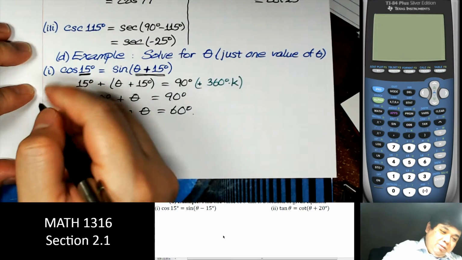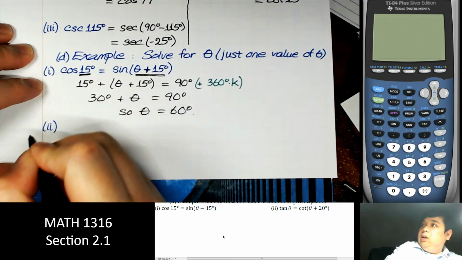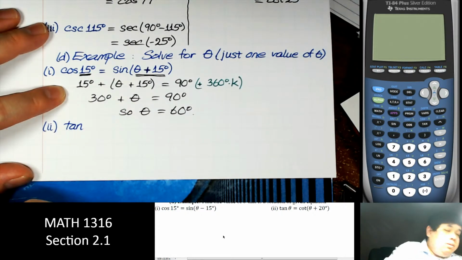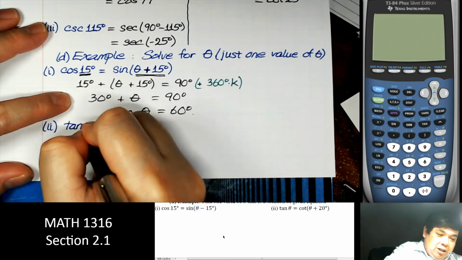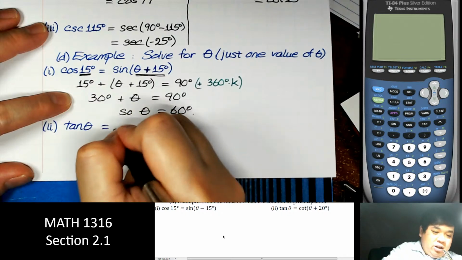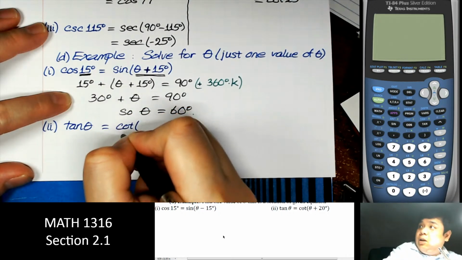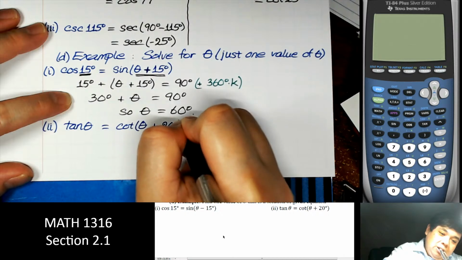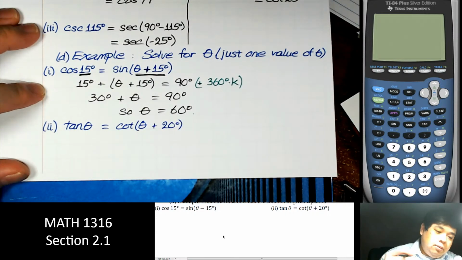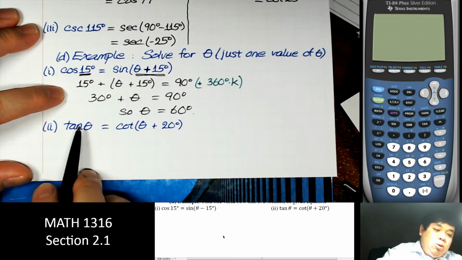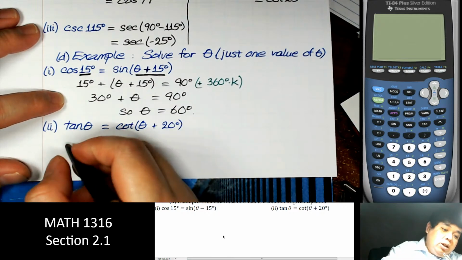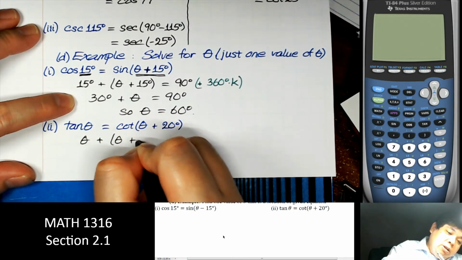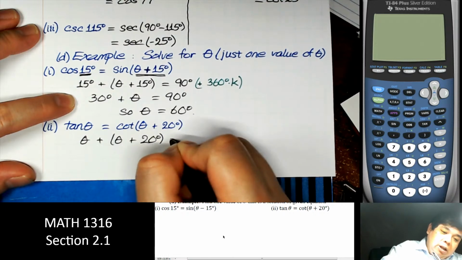Number 2. We go from tangent theta to cotangent of theta plus 20 degrees. We go from a function to cofunction. It certainly works if they add up to 90 degrees.